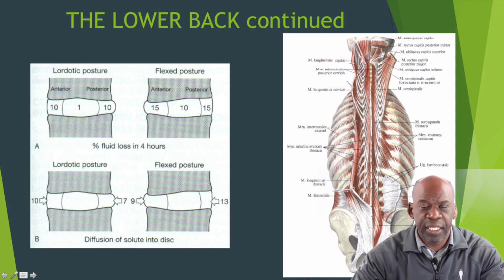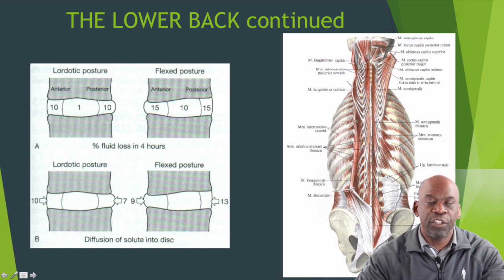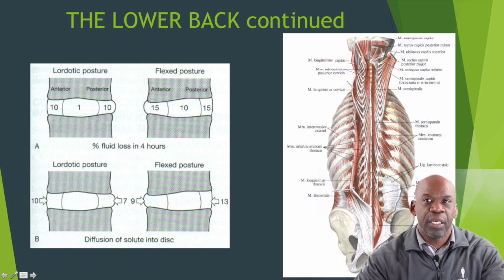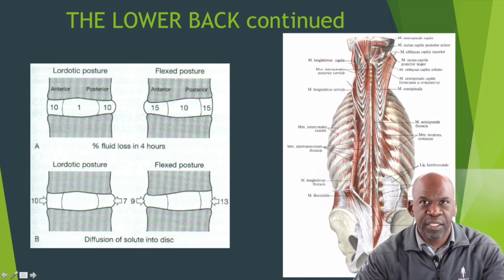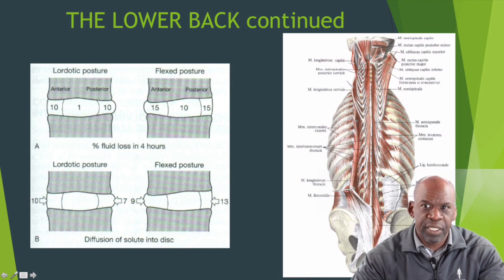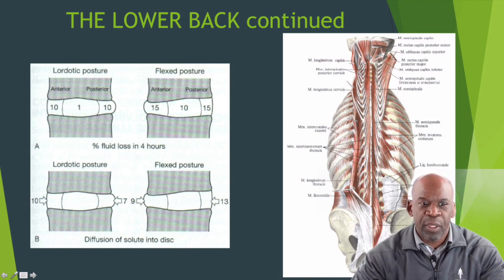And basically, the discs are a rubbery or malleable structure that helps to cushion forces in between various vertebrae of the spinal column. And in order for these discs to maintain their ability to accommodate force, they need to be compliant.